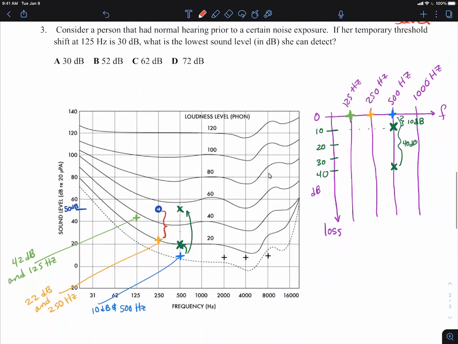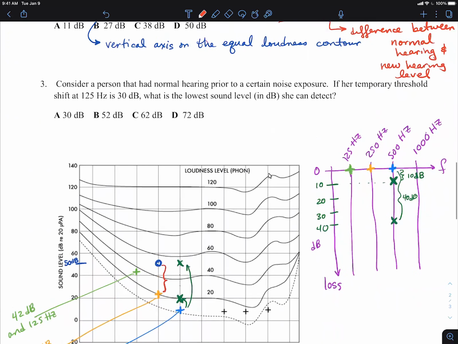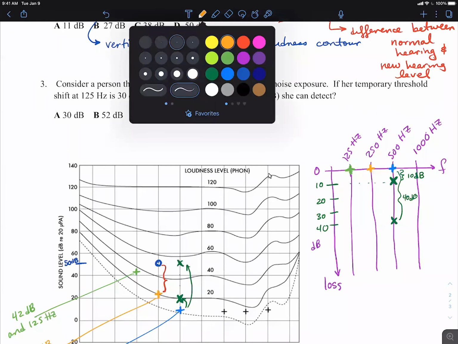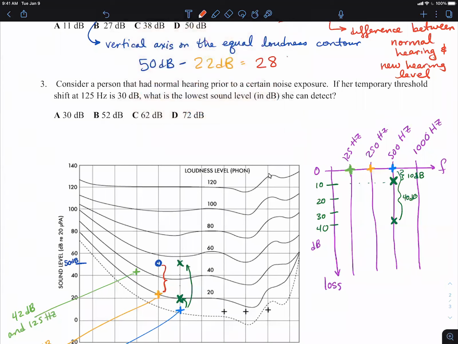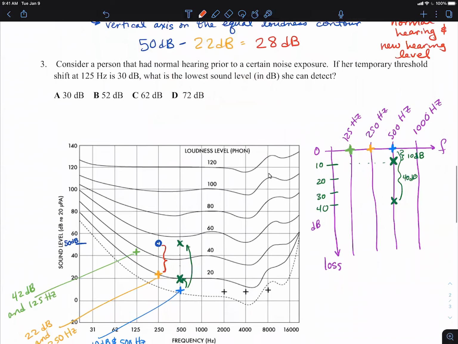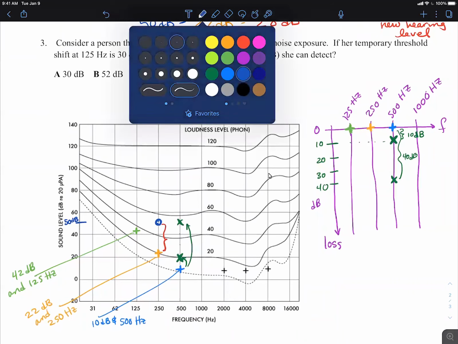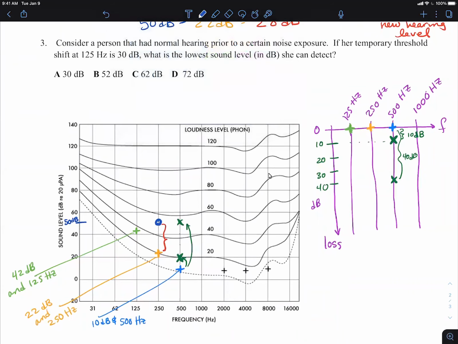So 50 decibels minus 22 decibels will give us a temporary threshold shift of 28 decibels. And that means that this blue circle right here corresponds to a 28 decibel loss over here on the audiogram. That temporary threshold shift from normal being 28 decibels.